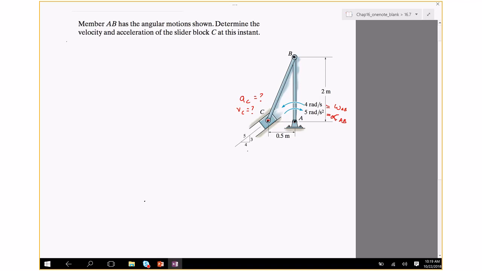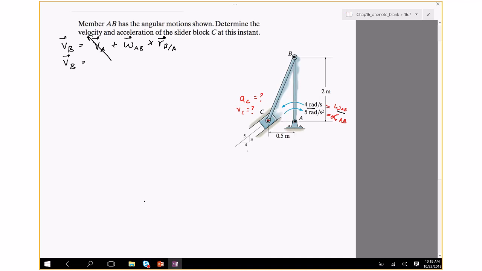So velocity of B is velocity of A plus omega AB crossed with r of B with respect to A. So velocity of A is 0. Omega AB is 4 radians per second counterclockwise.